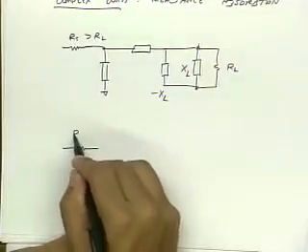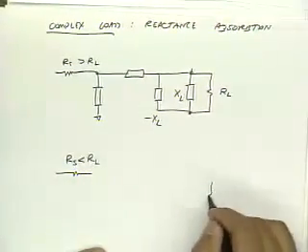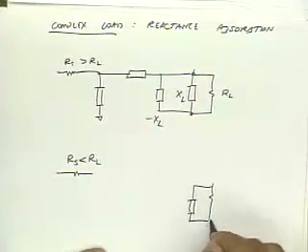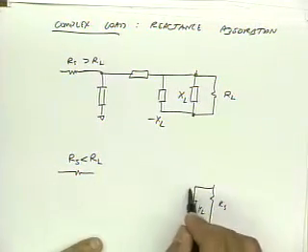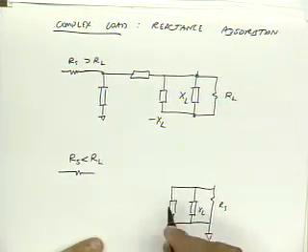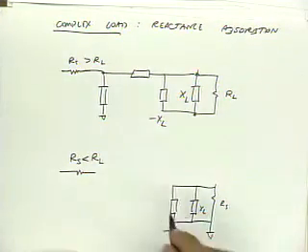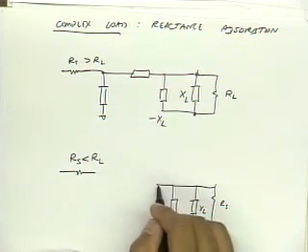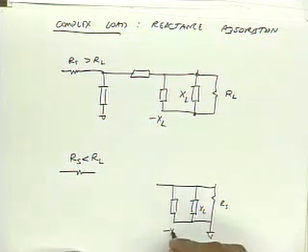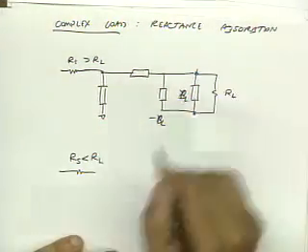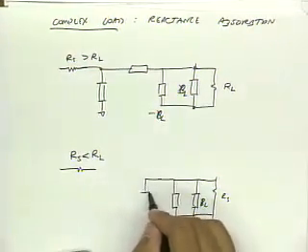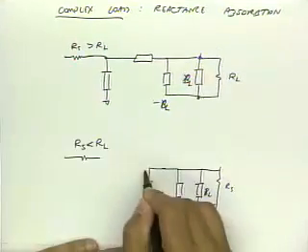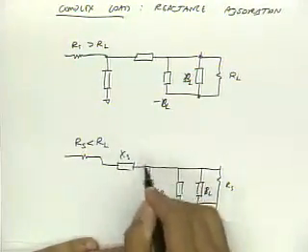So let's assume that RS is less than RL. What I first do is I connect minus XL here, and then let's call this minus B because they're in parallel. So I put minus B here, cancel this out, and then I put in my XP and my XS here.